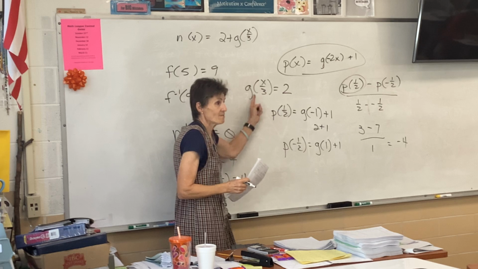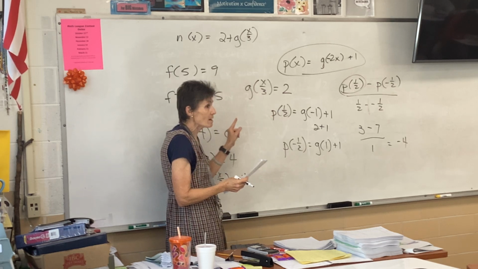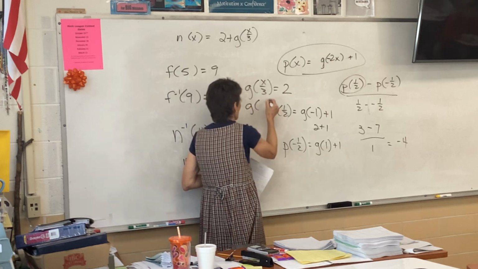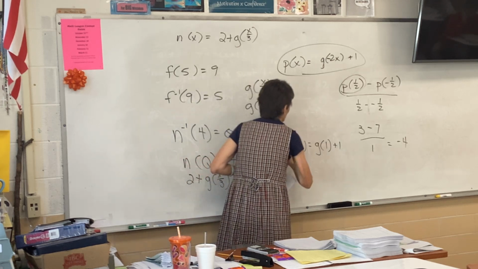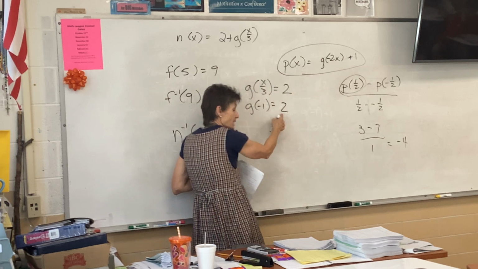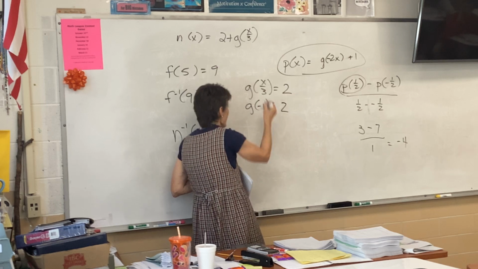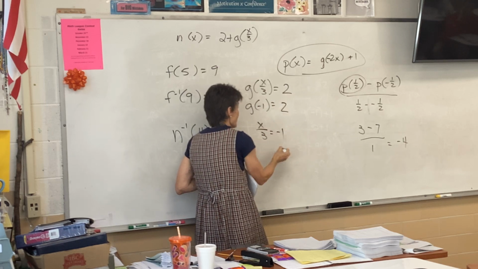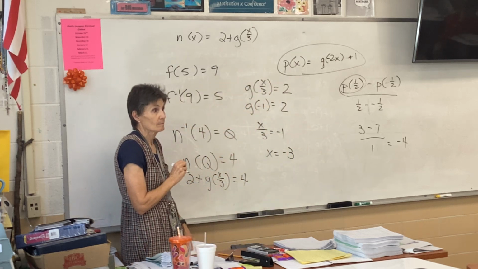This is a y value, this is a g value, so look in your table where g of what gives you 2. Yeah. So whatever, if I want to end up with 2, this has to be negative 1. So x over 3 has to be negative 1, so x is negative 3.